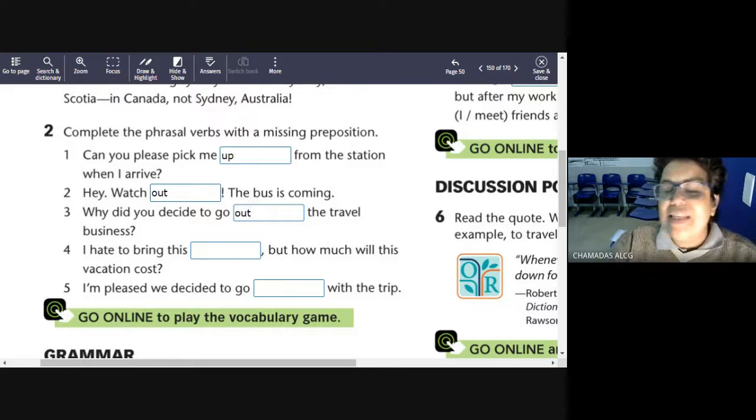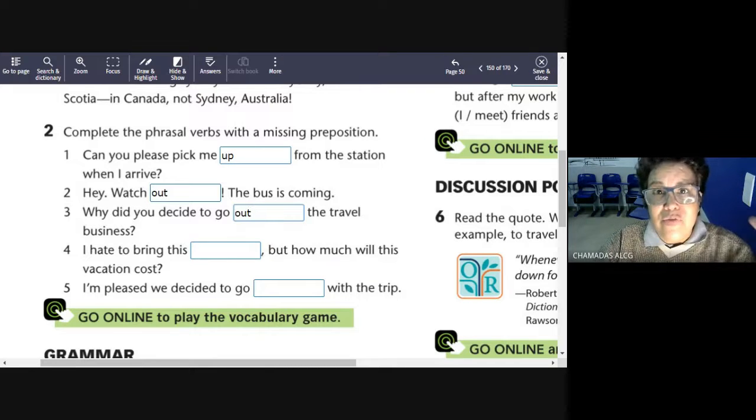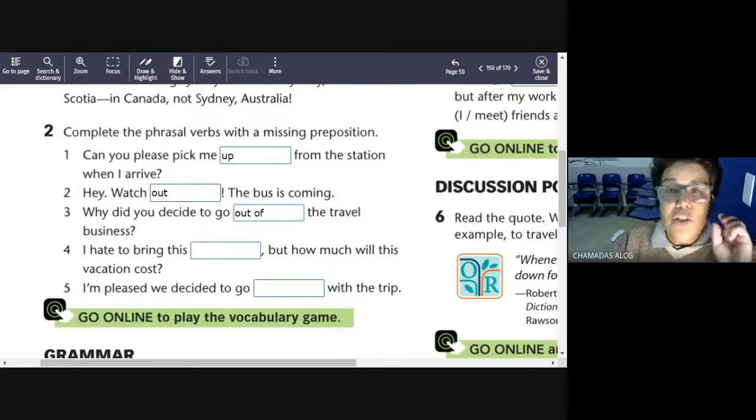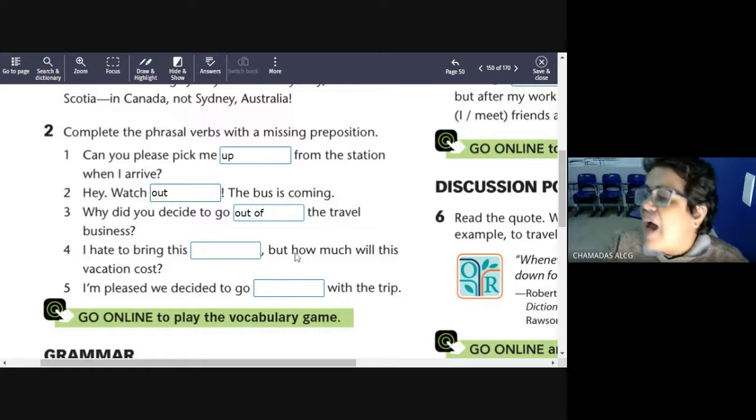The meaning of the sentence is to leave the travel business, to abandon, to leave. So why did you decide to go out of, here, two prepositions, out of the travel business?